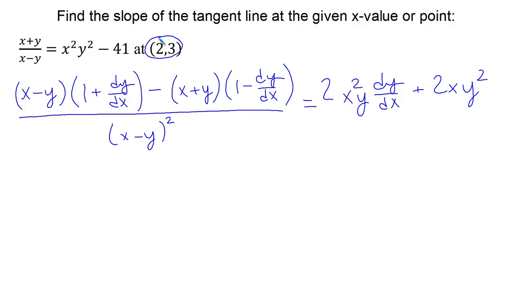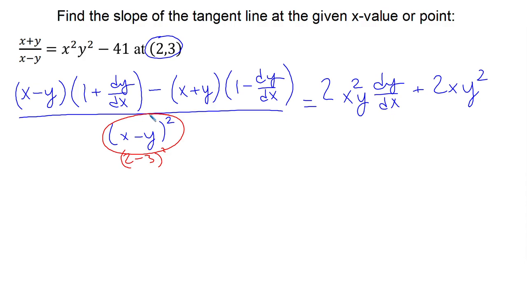Because if you do that, you can see that if x is 2 and y is 3, then this becomes (2 - 3) squared. Well, that's negative 1 squared, which is just 1, right? So I don't really have to worry about this term because that term is just a 1.